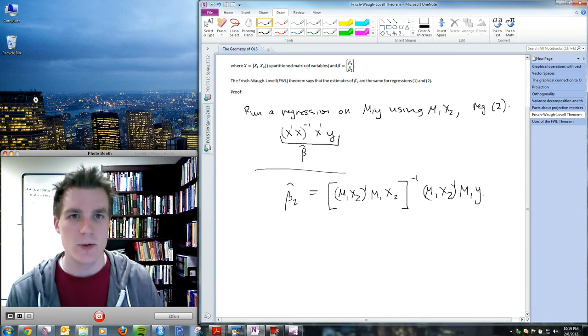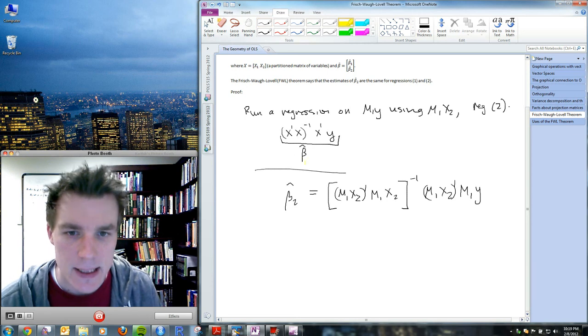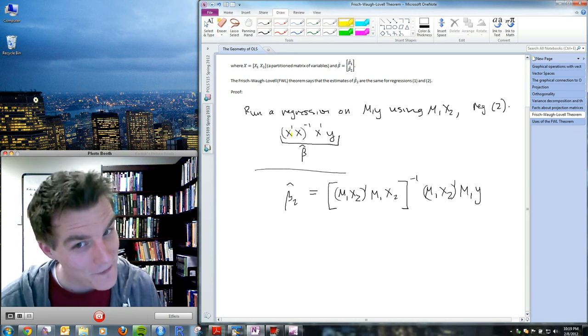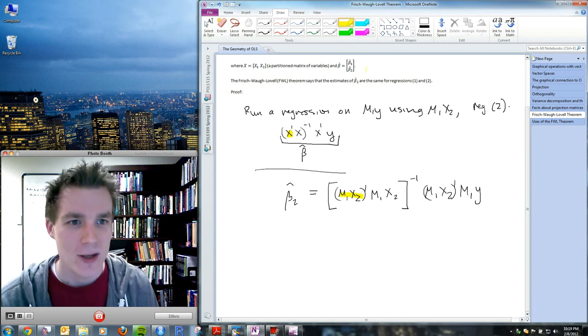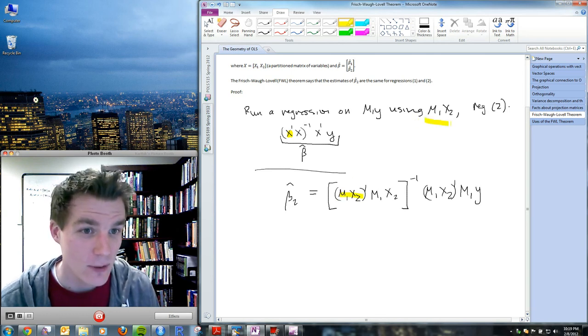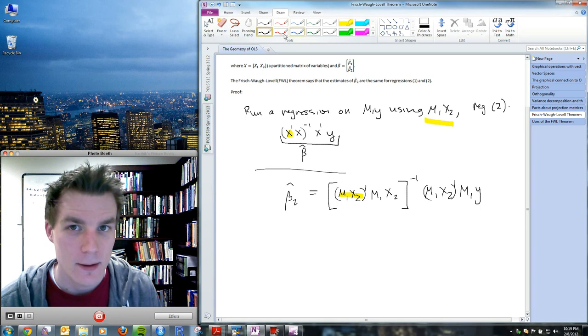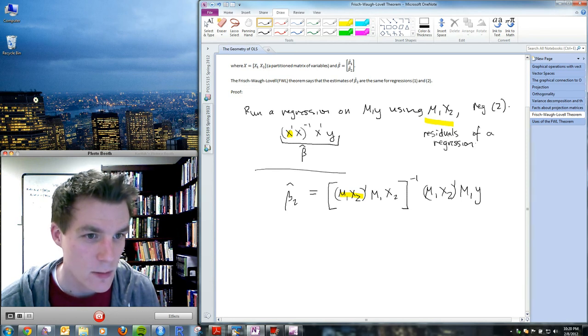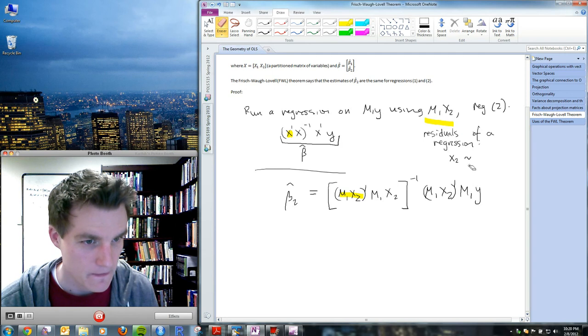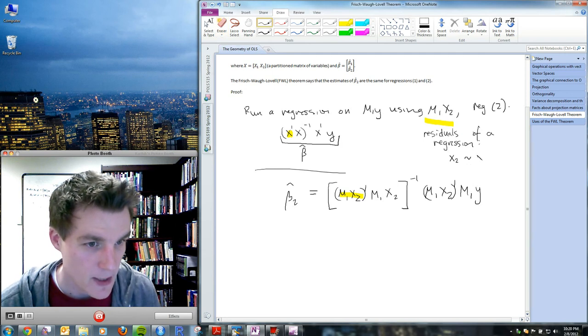Okay, what did I just do there? Well, I've said the role of x will be played by m1 x2. m1 x2 is the residuals of a regression predicting x2 using x1.